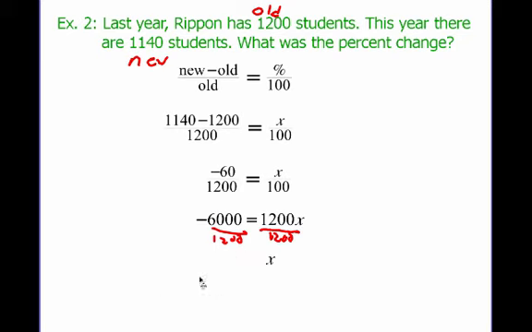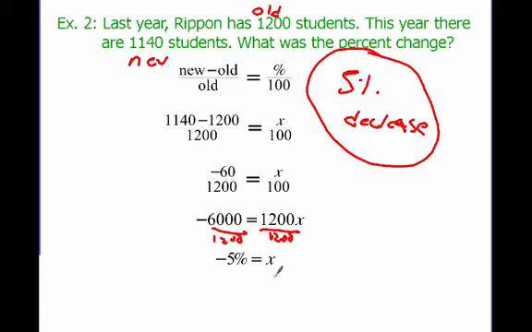For our final answer, we're not going to put that negative. We're just going to say that it is a 5% decrease, because the population went down from last year to this year. So all we do is plug in our new value and our old value, work out the proportion, and we get a 5% decrease.